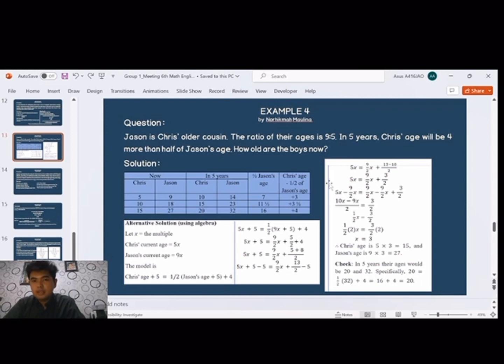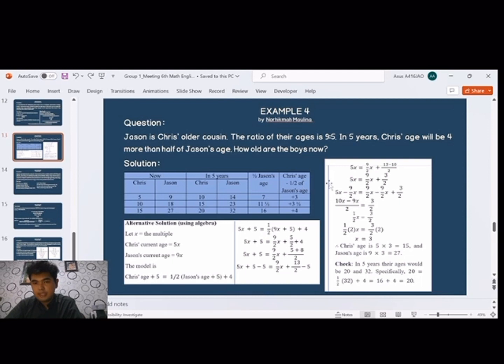So it will be 5x equals 9/2 x plus 13/2 minus 10/2. So it will be 5x equals 9/2 x plus 3/2. So now 5x minus 9/2 x equals 9/2 x minus 9/2 x plus 3/2.